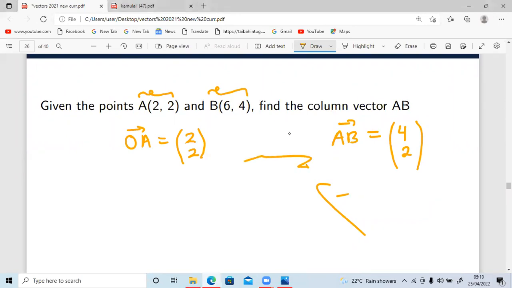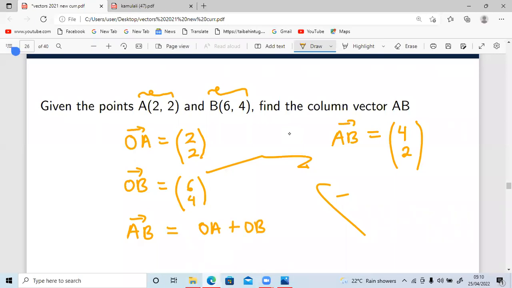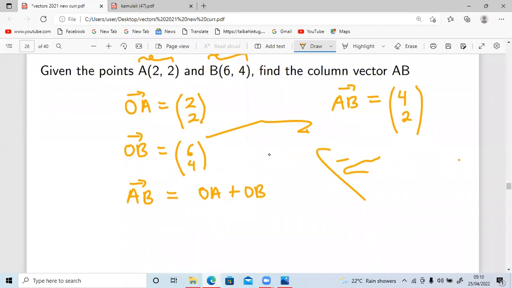Okay, Karen is saying our vector is going to be 6, 4. So Karen, how would you get column vector AB? Do you know the definition? OA plus column vector OB. Oh Karen, now this is where you are making a mistake.